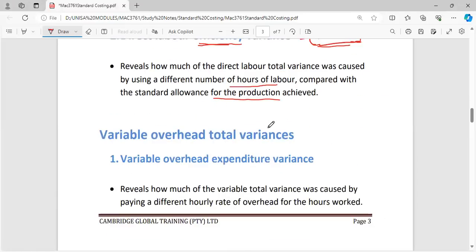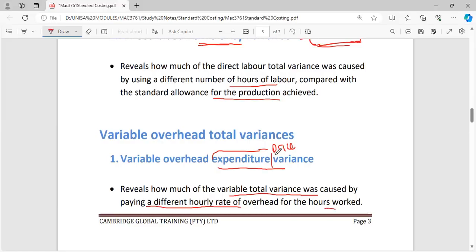The same applies to the variable overhead total variance. Here we're looking at expenditure. Expenditure is all about money, so it's going to be the same as the price here. You look at what was spent as compared to the budgeted. So that's the variable overhead expenditure variance. In here, you'll be looking at how much of the variable total variance was caused by paying a different hourly rate of overhead for the hours worked.